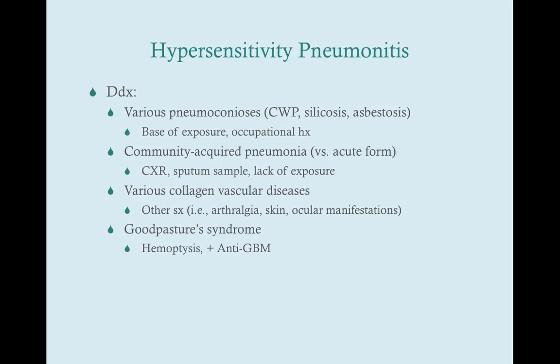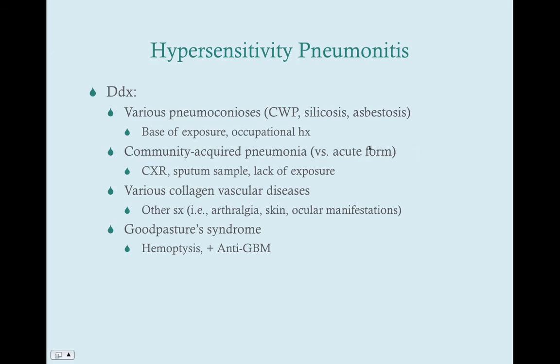If they're a farmer or a bird trainer, they're more likely to have hypersensitivity pneumonitis. Secondly, the pneumoconioses never present acutely, or very rarely present acutely. Hypersensitivity pneumonitis quite frequently presents acutely, and it also quite frequently has a lot of constitutional symptoms like fever and weight loss.